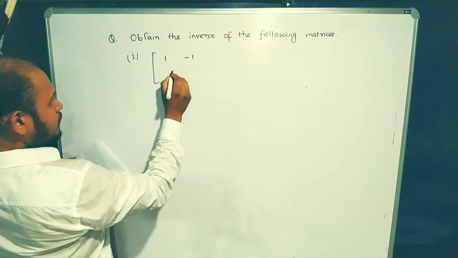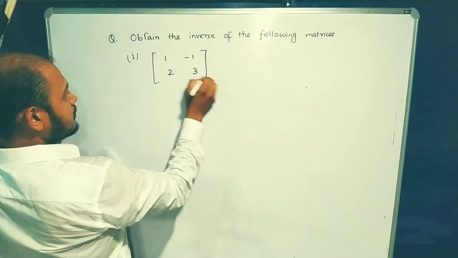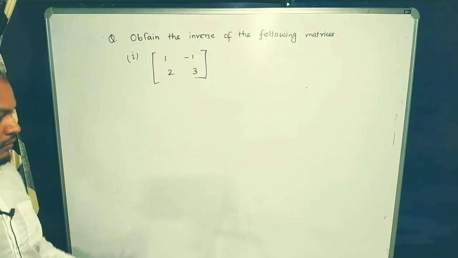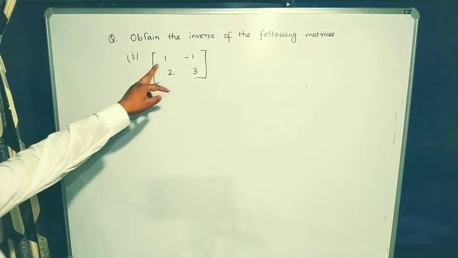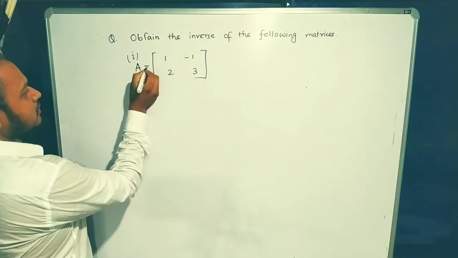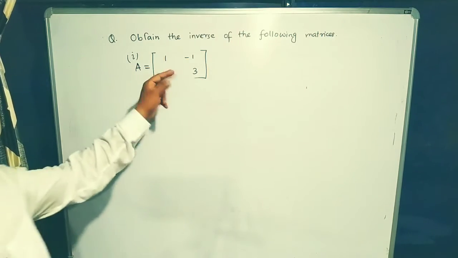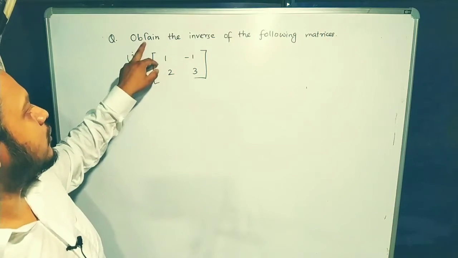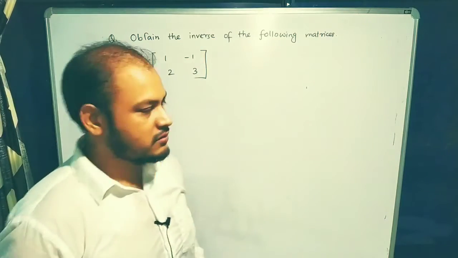Suppose you have a matrix 1, minus 1, 2, 3. You are calling it A. Suppose A is the matrix 1, minus 1, 2, 3. And the examiner is asking you to obtain the inverse of the following matrix.